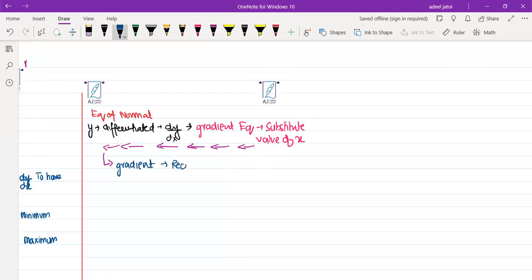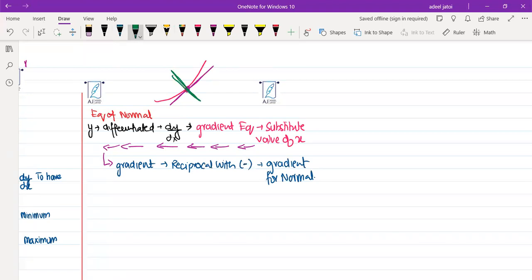Then take the reciprocal with a negative sign, and you get the gradient for the normal, which is the perpendicular line to the curve. This is your tangent, and this becomes your perpendicular normal line. So when you take the reciprocal with a negative sign, the gradient for the normal will be there.